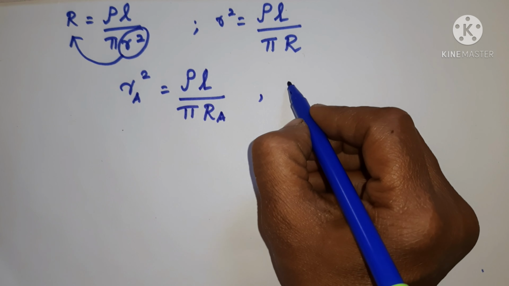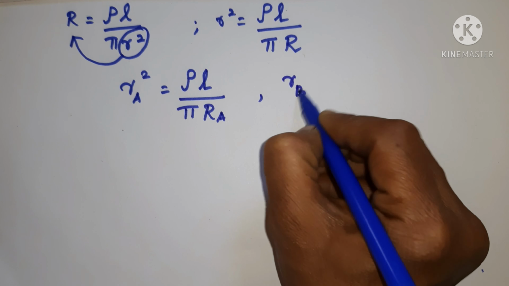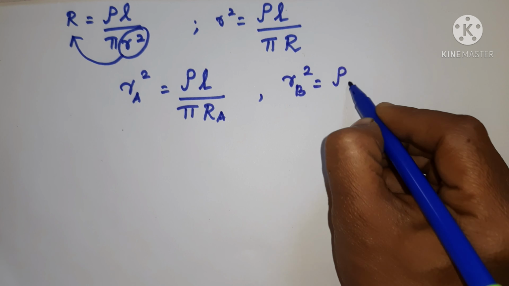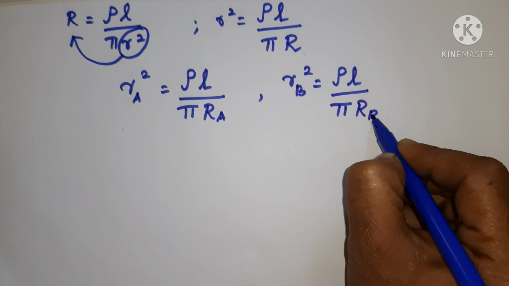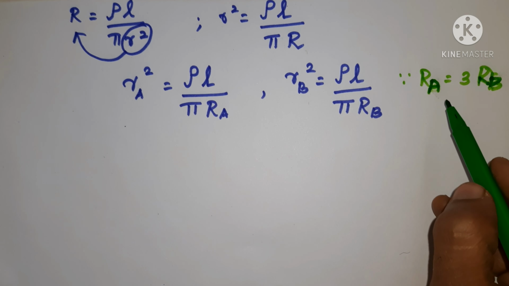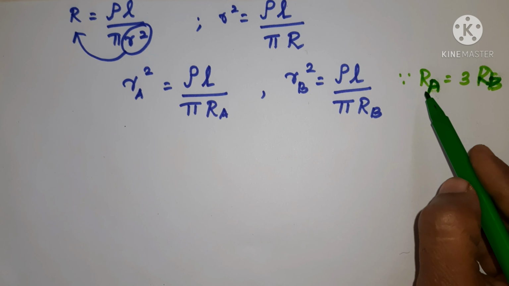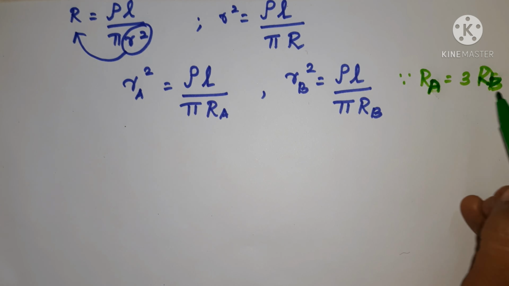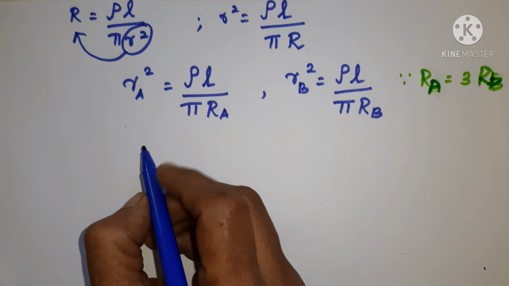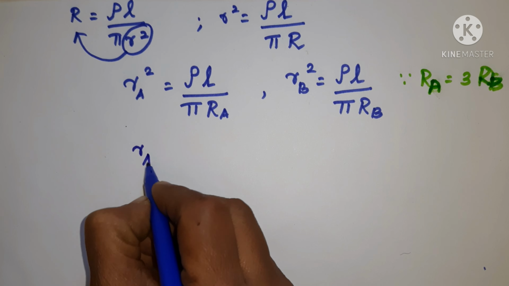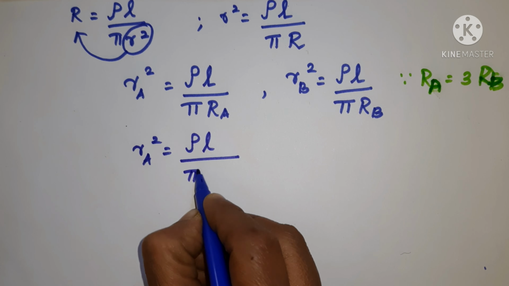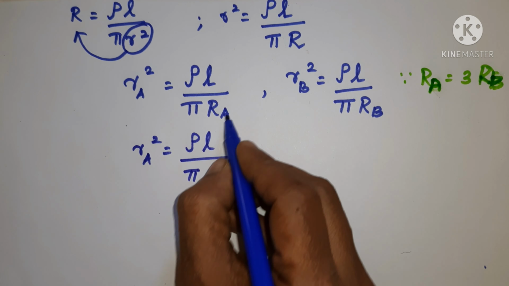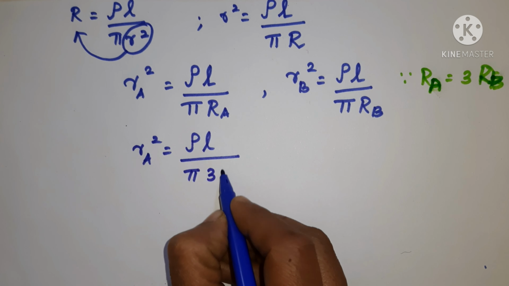Similarly, for the next wire B, rB square is equal to rho L divided by pi RB. Since given that RA is equal to 3 times of RB, we write rA square is equal to rho L divided by pi, and instead of RA we write 3 RB.